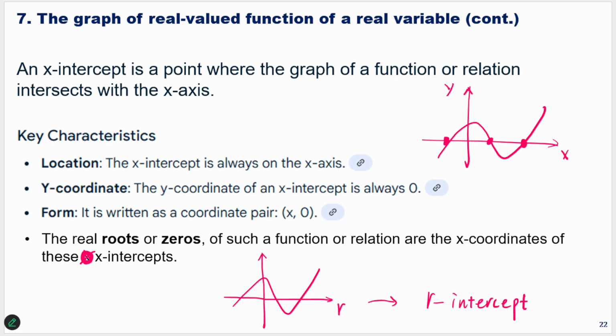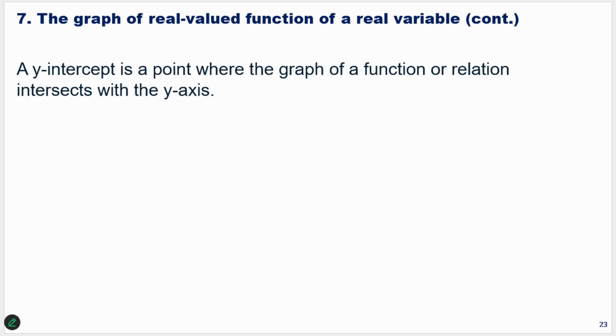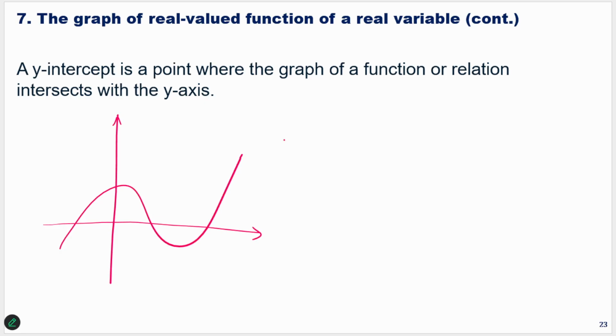Okay. And similarly, we can have the concept of y-intercept. A y-intercept is a point where the graph of a function or relation intersects with the y-axis. Okay, for example, no matter what the graph looks like, this point is called the y-intercept, right?